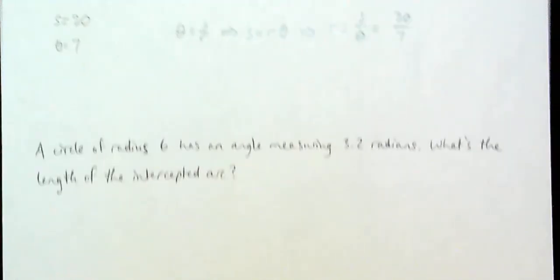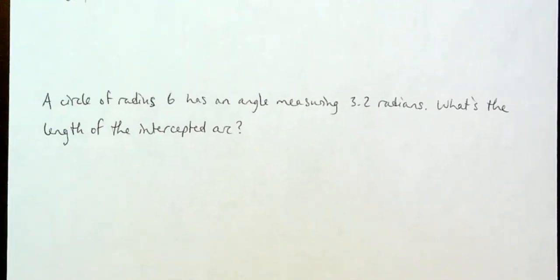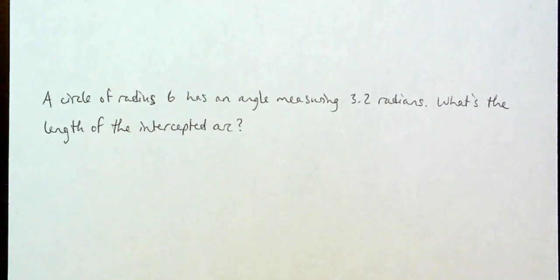Another problem here that's very similar, same type of problem overall, just we're finding a different thing here. A circle of radius 6 has an angle measuring 3.2 radians. What's the length of the intercepted arc?